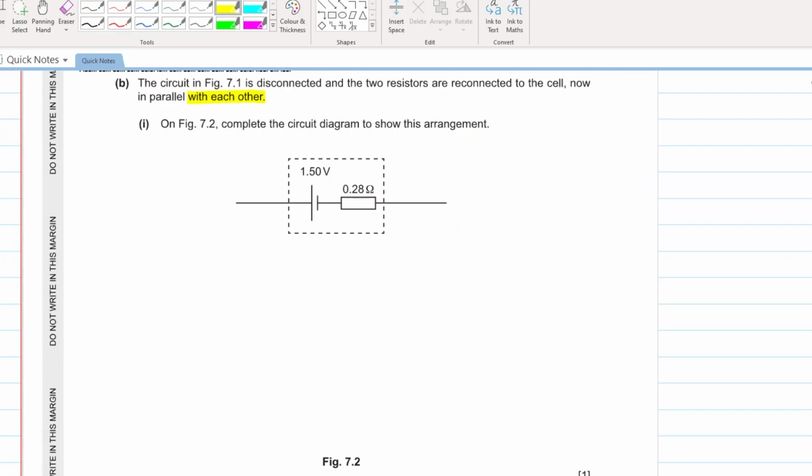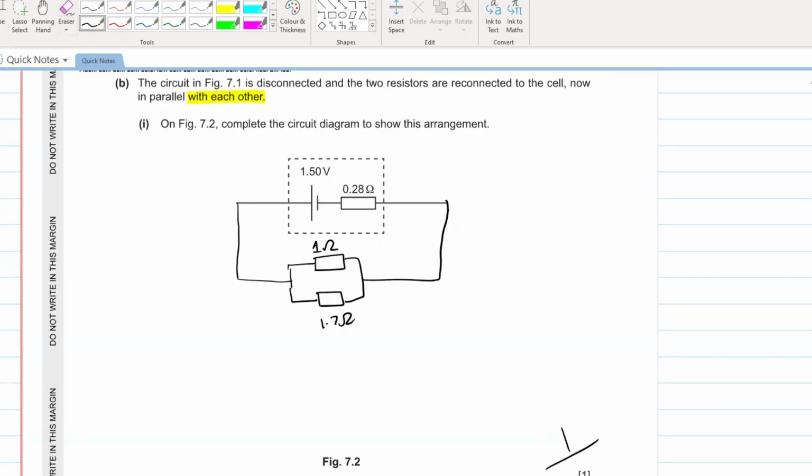How will we show this arrangement? Very, very easy. Let's make a parallel combination: 1 ohm, and what was the second resistor, beta? 1.7 ohm. A parallel combination like this will be connected here. Simple, nothing complicated. Dekho, it is a 1 mark question, you don't have to do complicated stuff here.